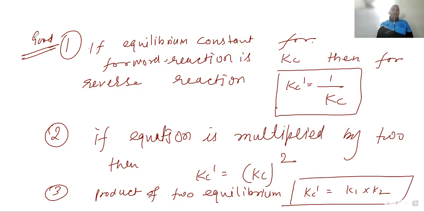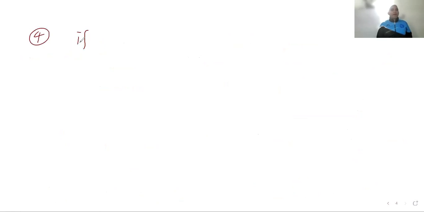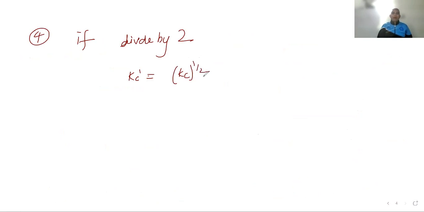Last ones, you see. If divide by 2, then what will be there? Kc dash is equal to Kc power 1 by 2, or Kc dash is equal to root of Kc.